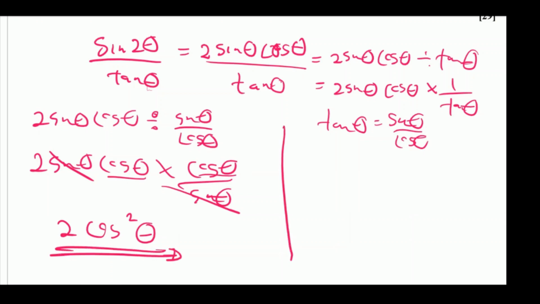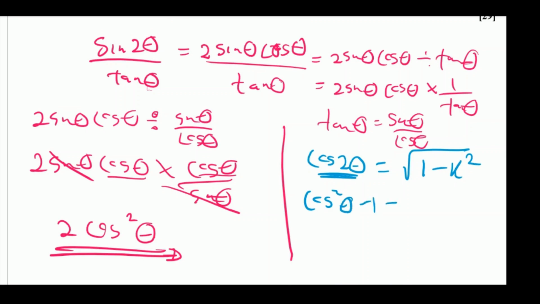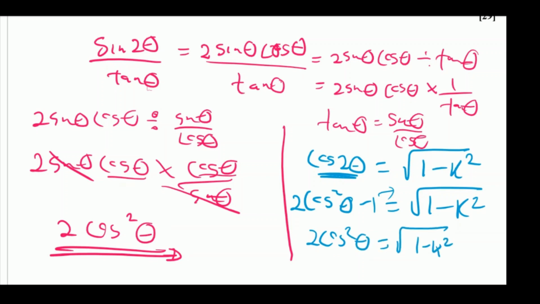But what you need to note is this. We said when you have cos of 2 theta in the previous question, it's equal to root of 1 minus k squared, right? And since it's a double angle, you can have 2 cos squared theta minus 1 also equal to this expression of 1 minus k squared. And if we transpose this to the other side, we'll have 2 cos squared theta is equal to root of 1 minus k squared plus 1.